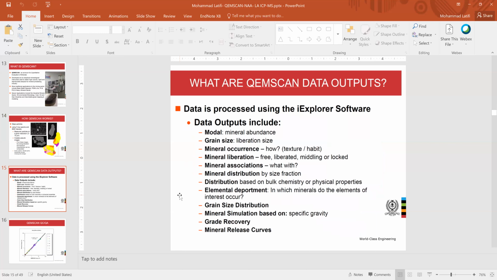It can give you many other mineral processing information in terms of mineralogy that are helpful for making strategic decisions and designing your unit operations. For example, one of the important information that ChemScan can give you is the grade recovery curve without doing any experimental work. I will show you later on how it works.